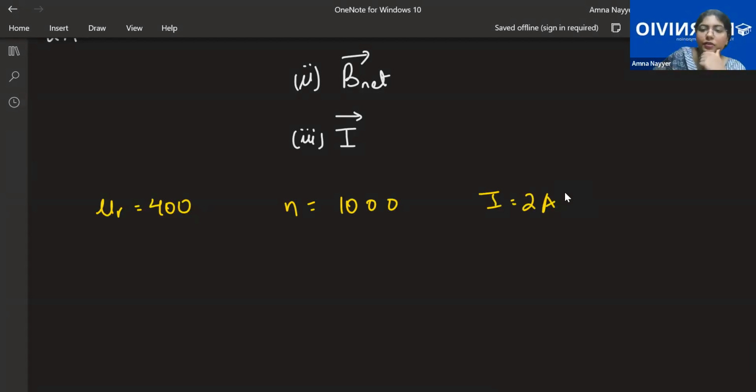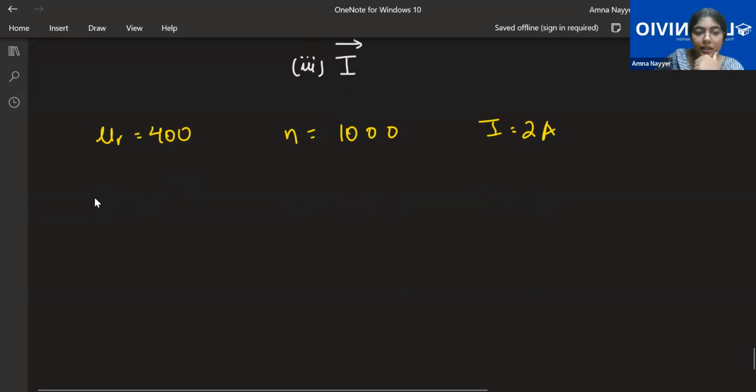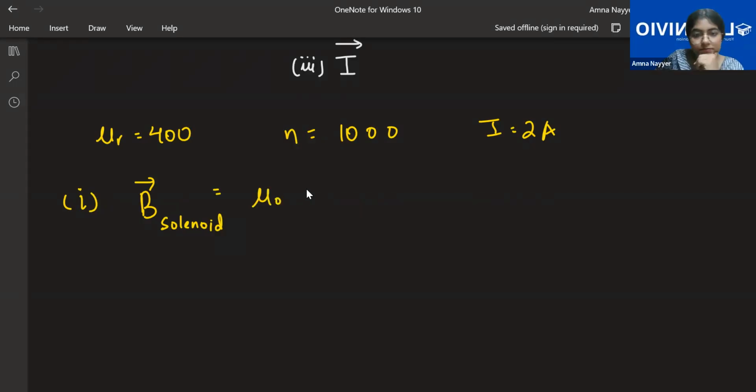Now look, we have to get in the first part the value of H, and it's a solenoid. What's the magnetic field of a solenoid?